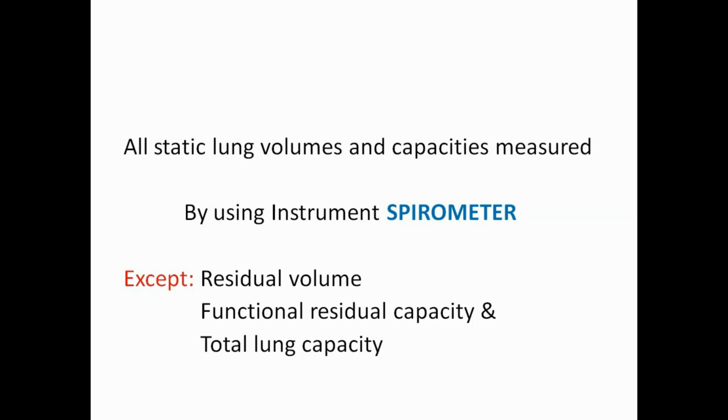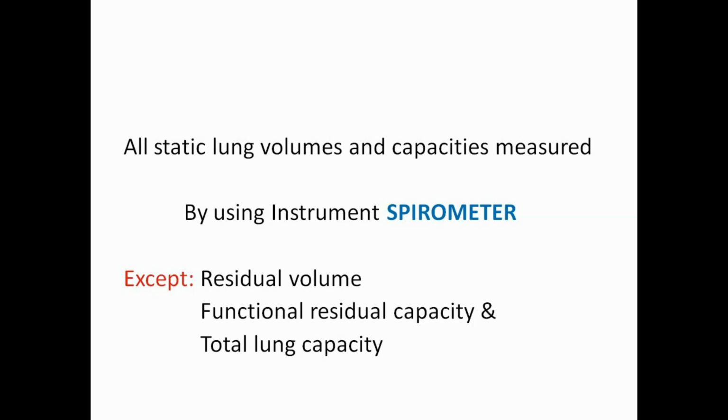By using an instrument called a spirometer. In med school, usually we use the wet type of spirometer, and in the next video we will be discussing how this spirometer works. So can the spirometer measure all the four lung volumes and all the four lung capacities? The static lung volumes and capacities? No.